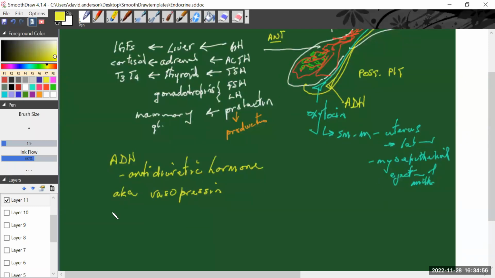So the receptors for ADH are called, they've got a great name for what they do, aquaporins.